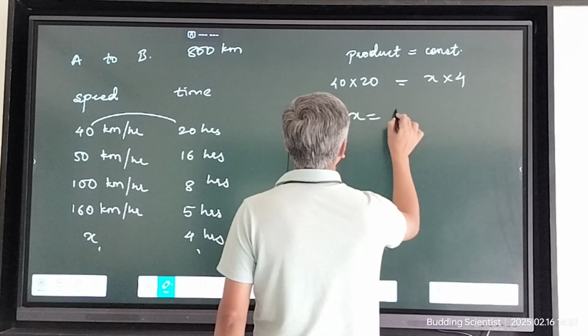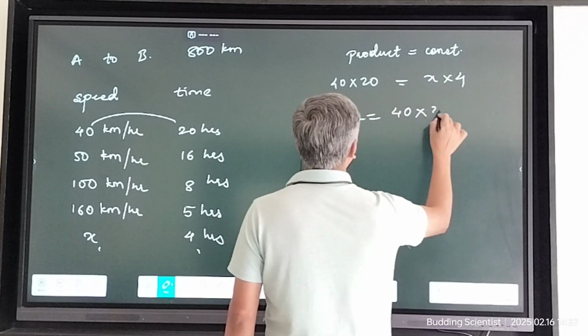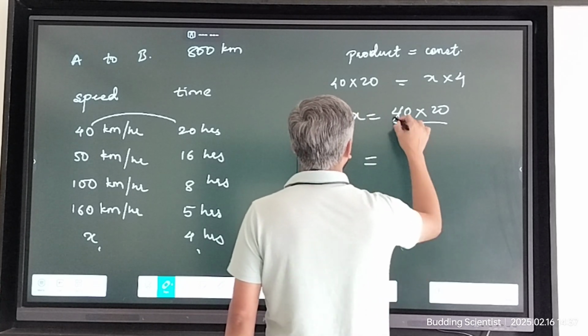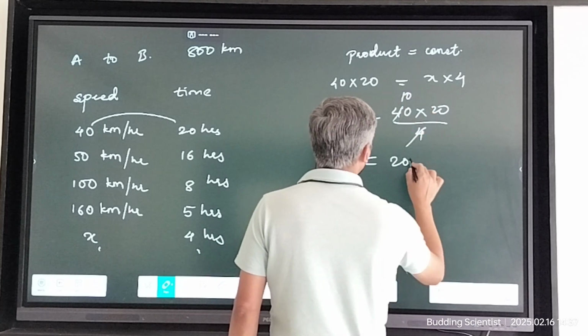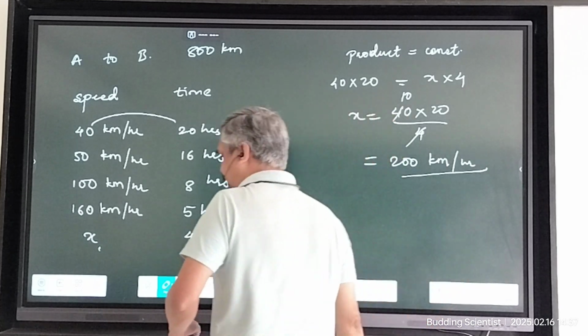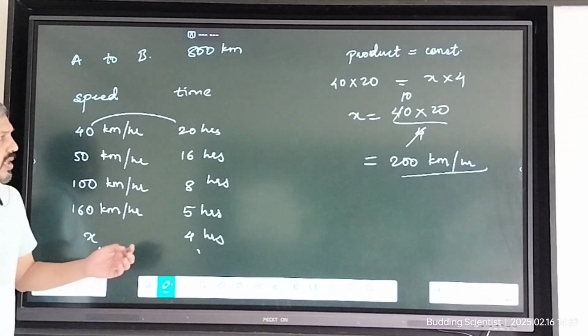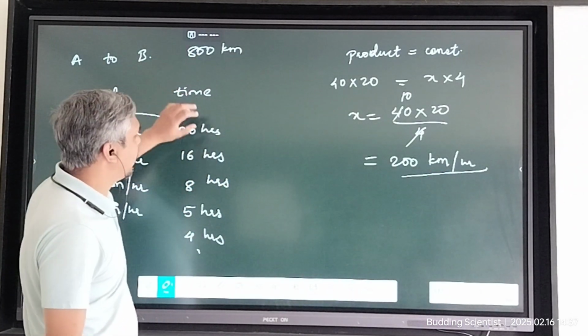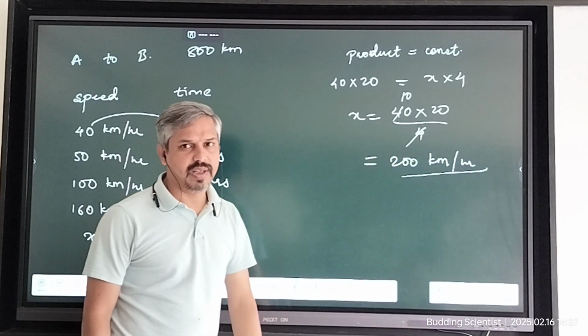So x is equal to 40 into 20 upon 4, which is equal to 200 km per hour. We are talking about some kind of plane or an extremely super fast train which will travel with this speed, but will cover the distance of 800 km in exactly 4 hours.